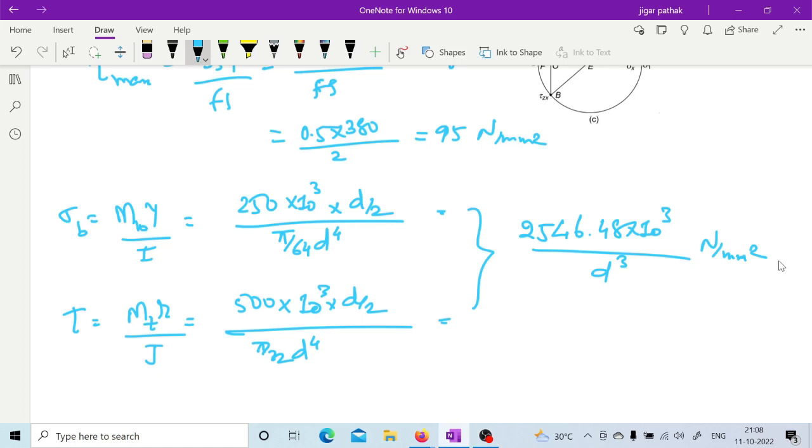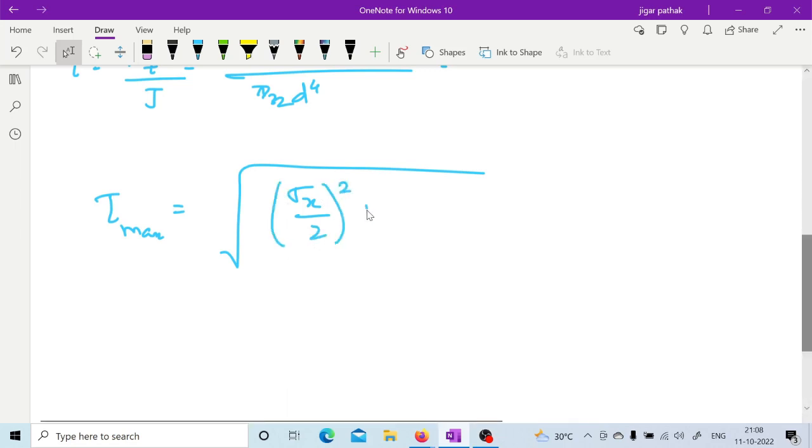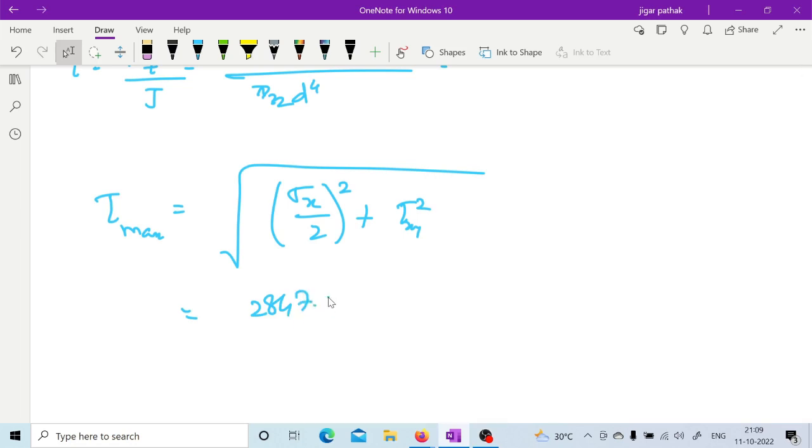This is the stress. Now once you have both the normal stress and shear stress, you can go for the maximum shear stress, square root of sigma x minus sigma y by 2 whole square plus tau xy square, which will give you 2847.05 into 10 raised to 3 divided by d cube.